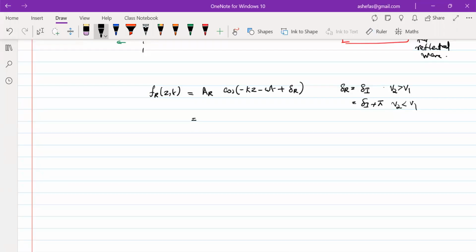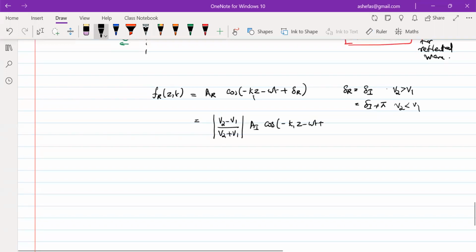And Ar is modulus of V2 minus V1 divided by V2 plus V1 times Ai cos of minus K1z minus omega t plus delta R.